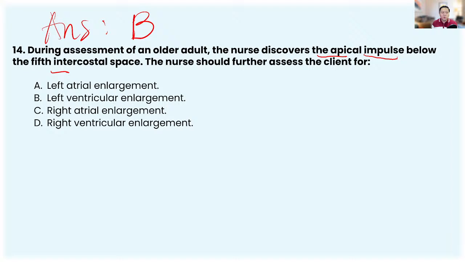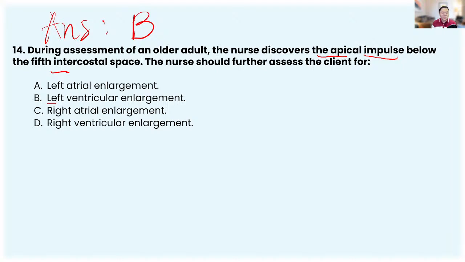So this is associated with left ventricular enlargement. Remember the left-sided congestive heart failure that I mentioned earlier? Yes, that is the correct answer. Left ventricular enlargement is caused by chronic hypertension, aortic stenosis, and myocardial infarction.